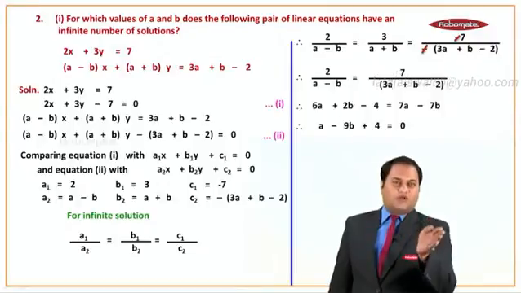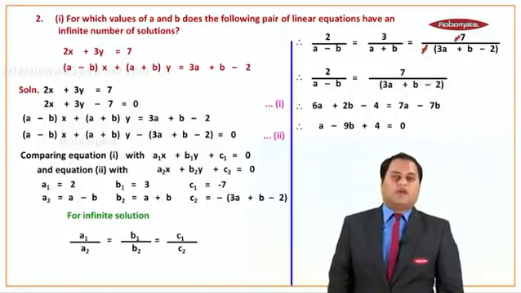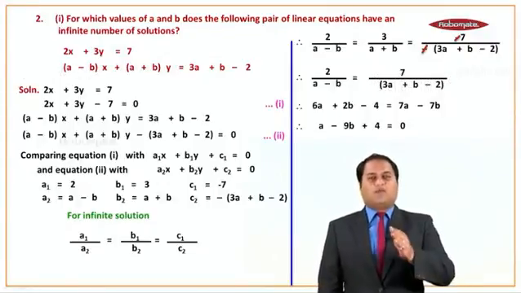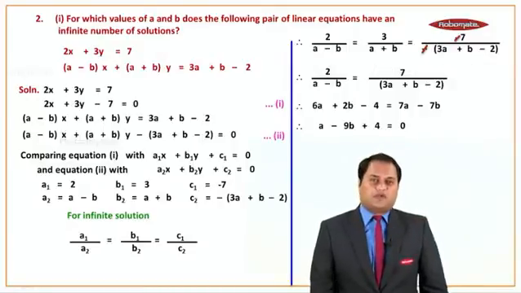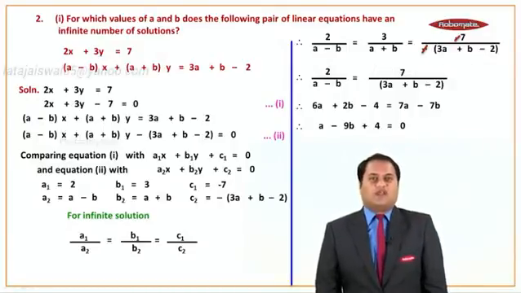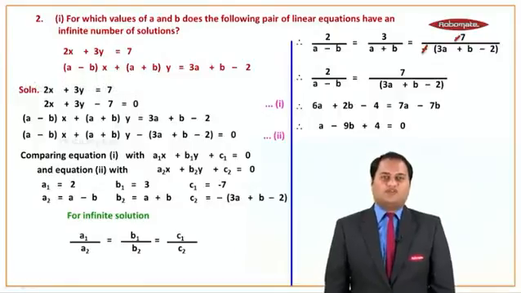Similarly, plus 2b goes to the other side, minus 7b minus 2b is minus 9b, and minus 4 goes to the other side, becomes plus 4, is equal to 0. So we get a minus 9b plus 4 is equal to 0.